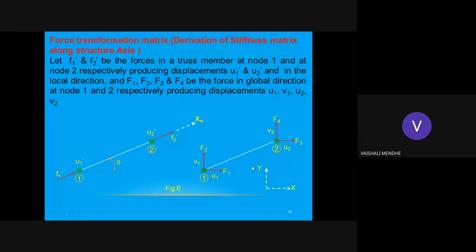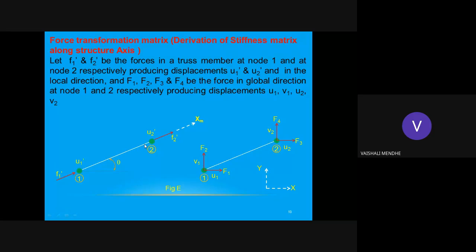Okay. So always in the global coordinate system there will be 4 displacement components and 4 force components, at the starting and the ending node, and in the local direction there will be 2 displacement components and 2 force components only along this direction. In the y direction it will be 0.